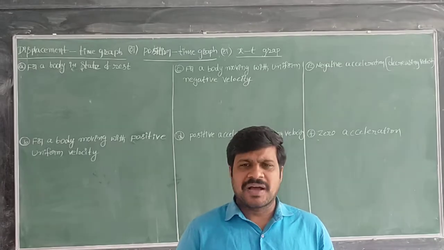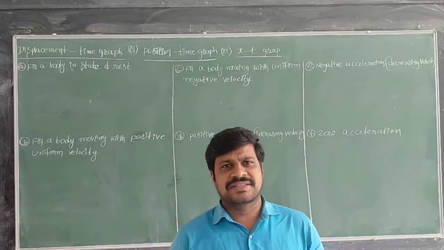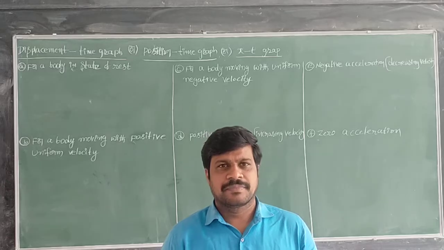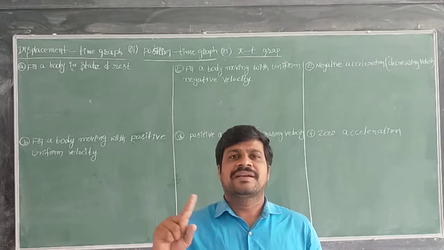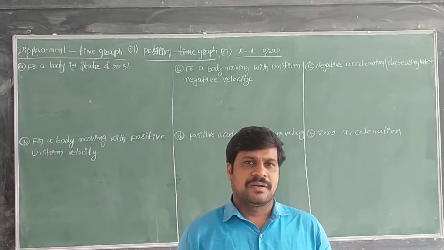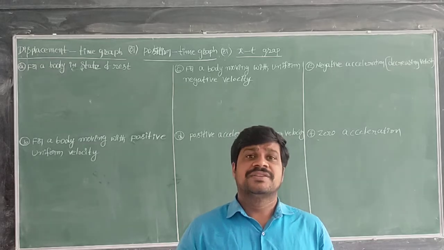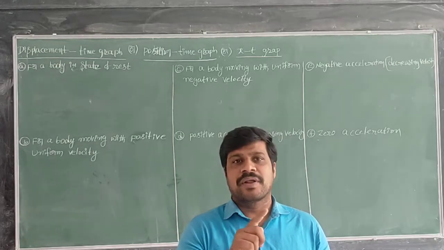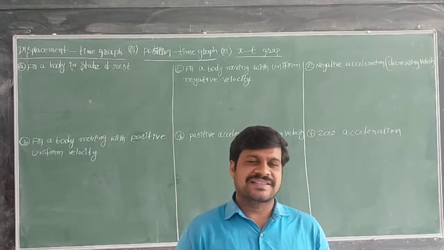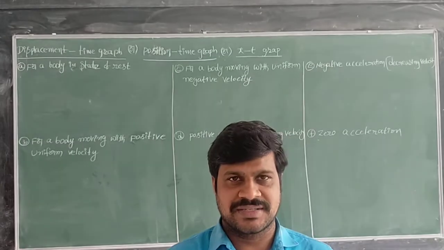A change in velocity can occur in three ways: due to a change in the direction of motion of the body, due to an increase or decrease in the speed of the body, or due to both a change in speed and a change in direction. Positive acceleration and negative acceleration we also studied in our last class, right?